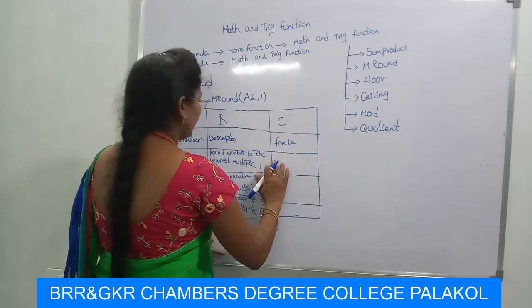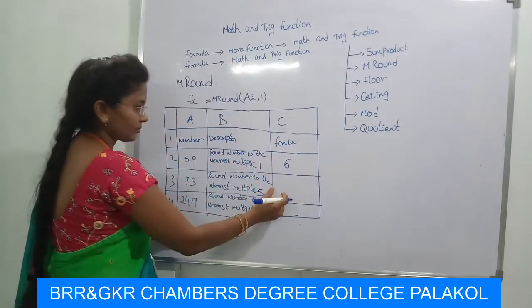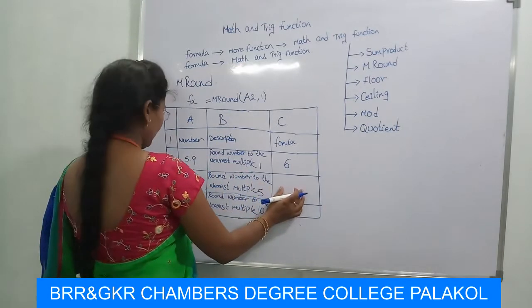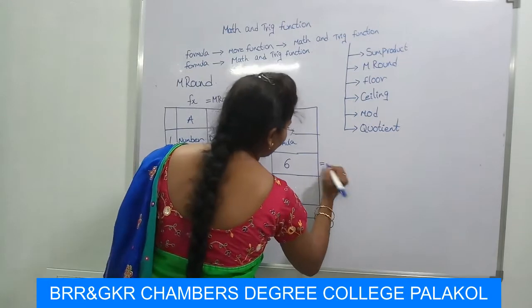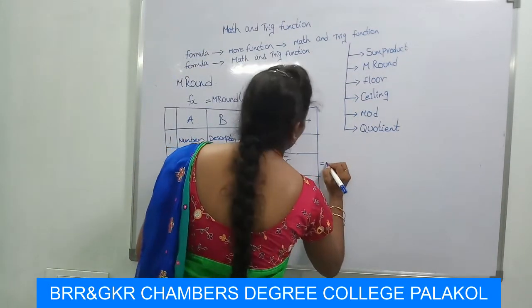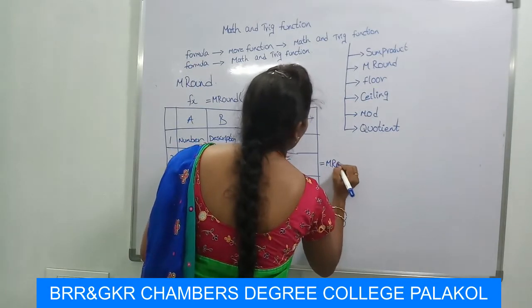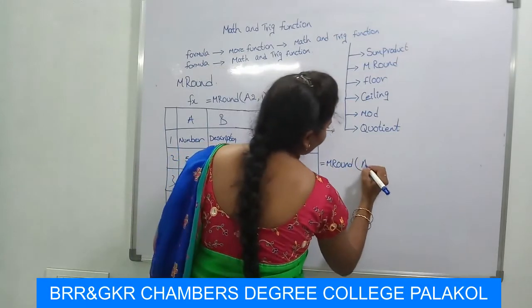The answer is 6. And again select this C3 cell and write the formula. Here I am writing the formula for the C3 cell. mround, that means A2, 1.